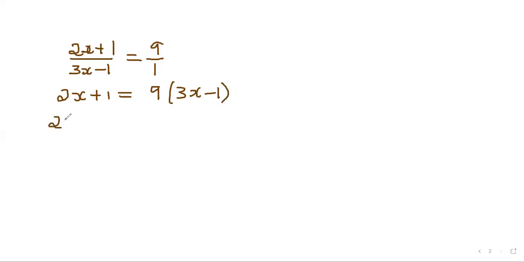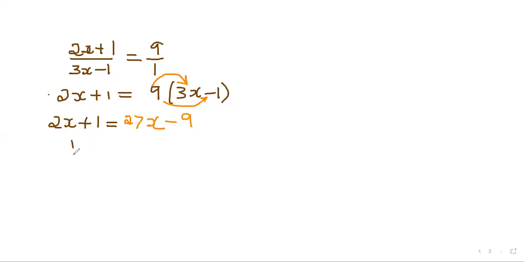So we write 2x + 1 equals, then you apply the FOIL method. You multiply 9 times 3x, which gives 27x. Then you multiply 9 times negative 1 to get negative 9. Now we pair like terms.